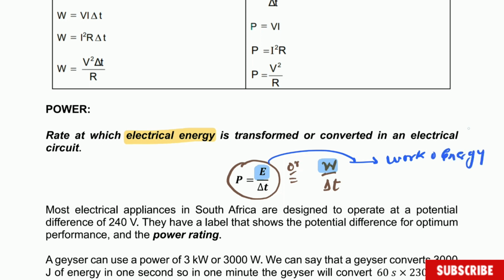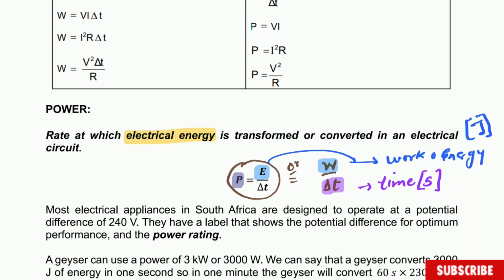All right, and you know that the unit for work or energy is the joule, and the symbol is capital J. I'm not going to write the word. Now, this is time, and the unit is the second, the SI unit for time.